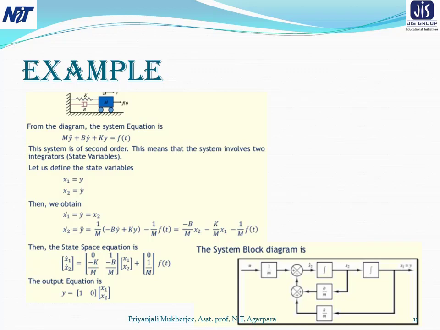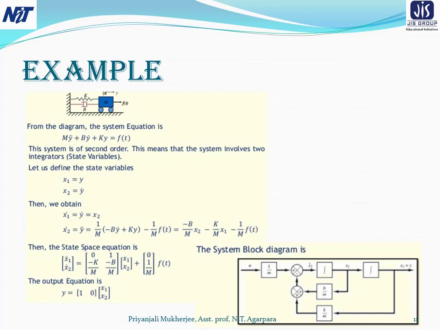So y is equal to [1, 0] times [x1, x2], which represents y equal to 1 into x1 plus 0 into x2. There is no D term because D is 0 over here, and as we discussed earlier, direct coupling of the input to the output is rare in control systems. So here also you can see D is equal to 0.